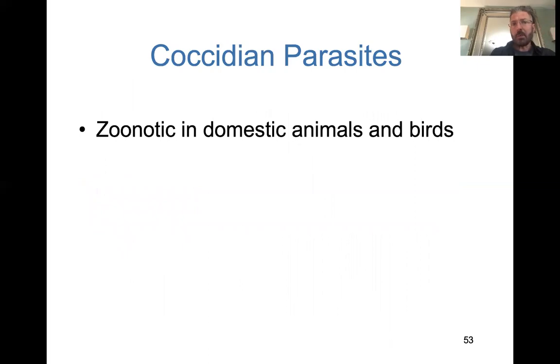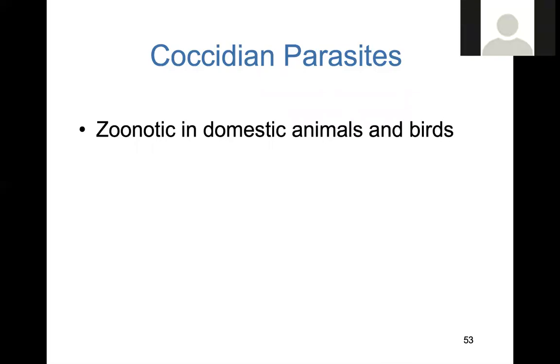Let's talk a bit about coccidian parasites. These are zoonotic, in domestic animals and birds. When you're thinking about domestic animals, it's going to be your hamsters, cats, dogs, and birds, whether domesticated or wild.